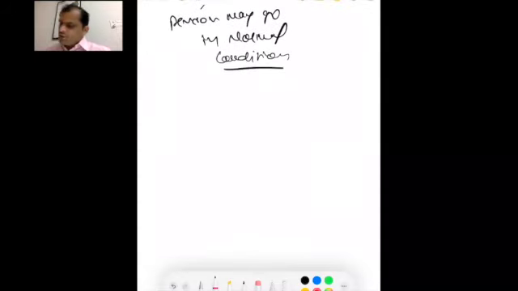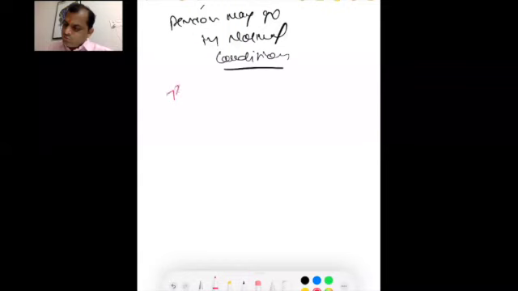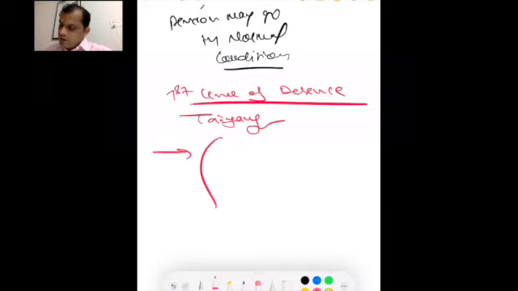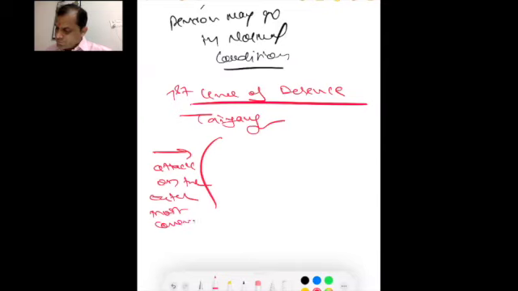So as per acupuncture, the first level of defense is made by Tai Yang, or we are telling the attack on the outermost covering of the body, which is called Wei.